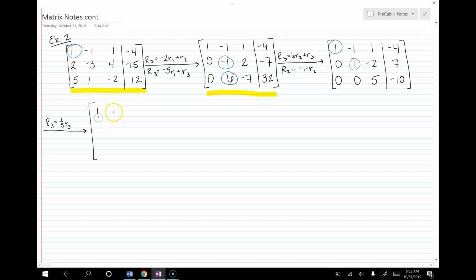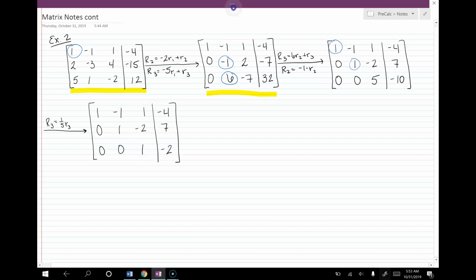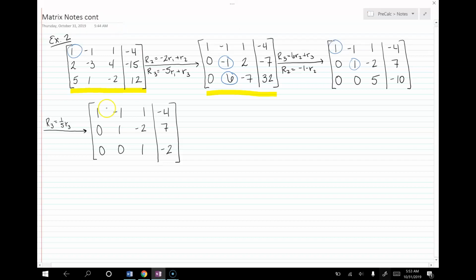Okay, so we have 1, -1, 1, and -4 for row 1. And then 0, 1, -2, and 7. Okay, here we go. Zeros stay the same. 5 times 1/5 is 1. Negative 10 times 1/5 is negative 2. Boom! We are in row echelon form, which is that right there.